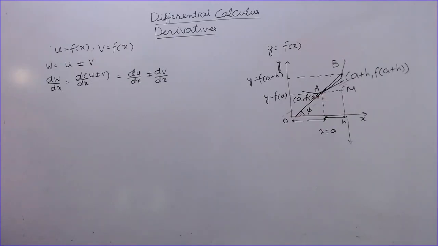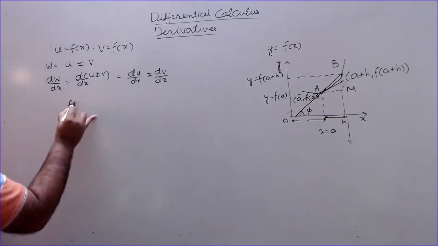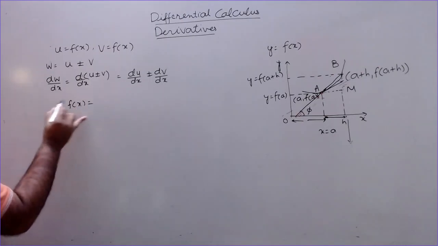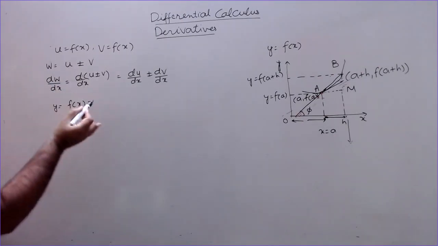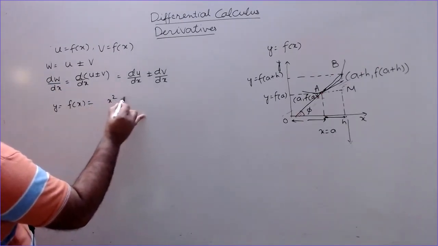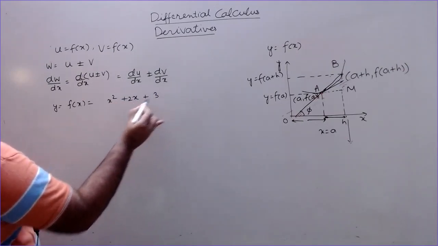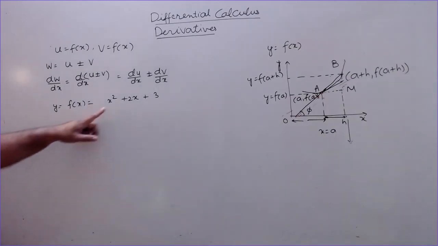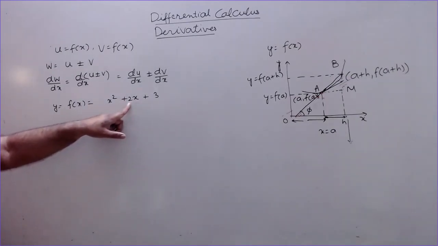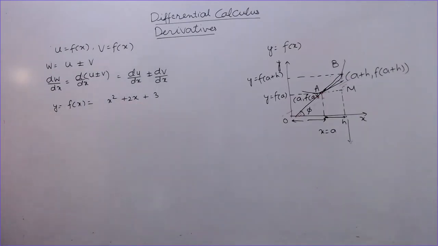Suppose I have f(x), which is y or w, whatever you write, equal to x square plus 2x plus 3. So there are three terms: a variable multiplied by a constant, and this is a constant.